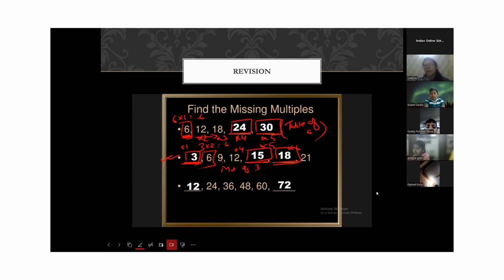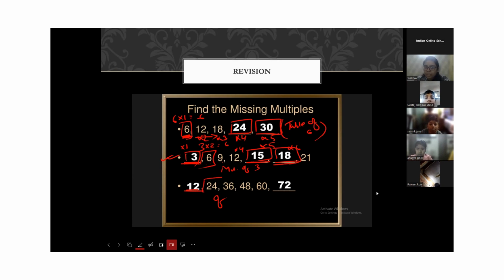What's my third one? Multiple of which number? I didn't hear properly. I'm saying the third question or the third one is a multiple of which number, Satvik? 24.